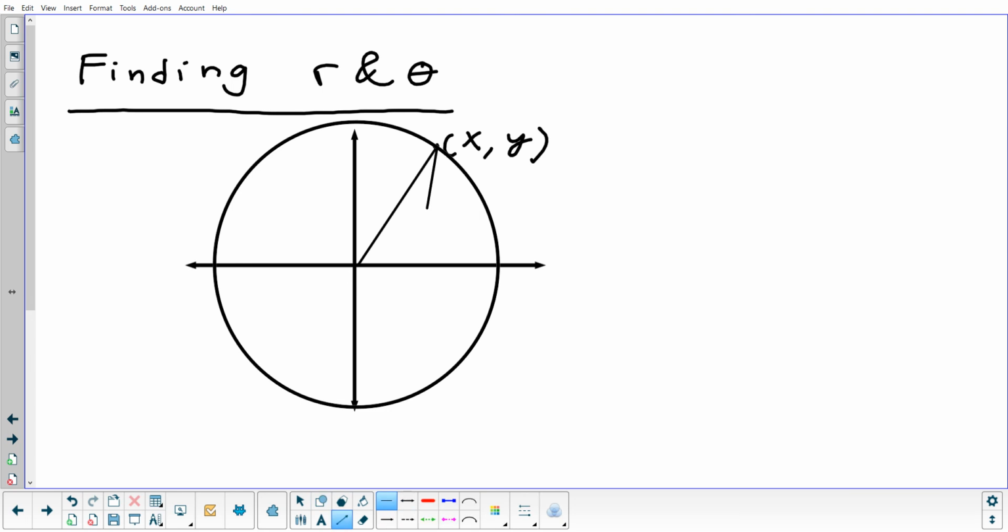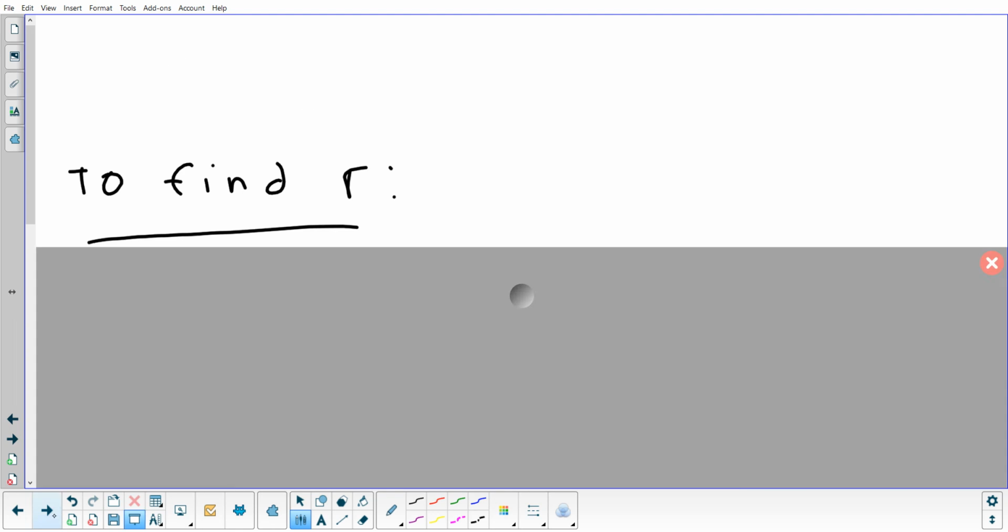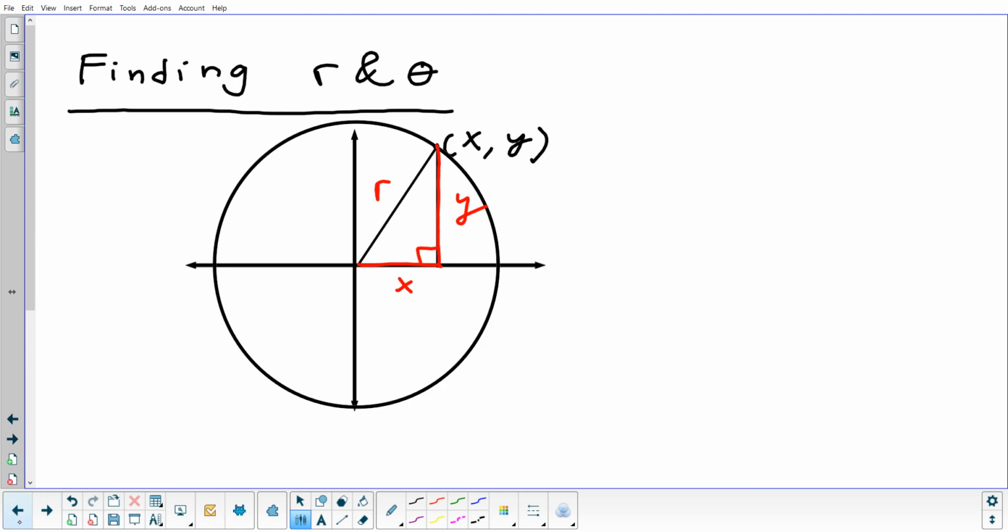Make a triangle by dropping a perpendicular to the x-axis. So this is x, and this is y. And this is r. So using that triangle, what would be the equation that I would set up to find r?